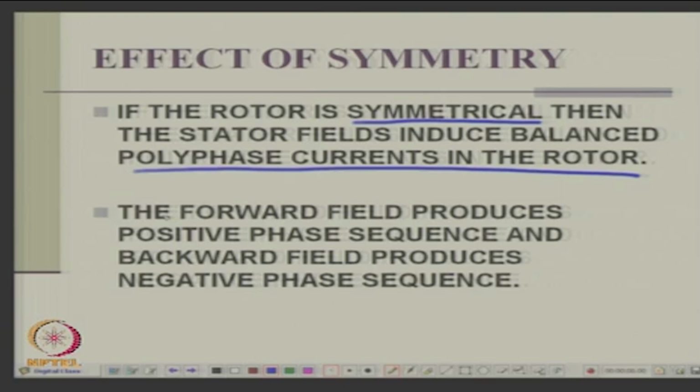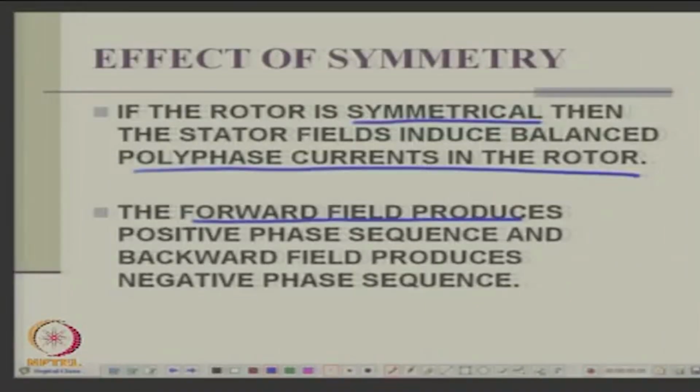So the forward field will give rise to balanced currents in the rotor, which will only give rise to a forward field synchronous with the inducing field. Even if there is a backward field in the air gap, it will give rise to negative sequence currents, which in turn will give rise to another backward field in synchronism with the inducing field.